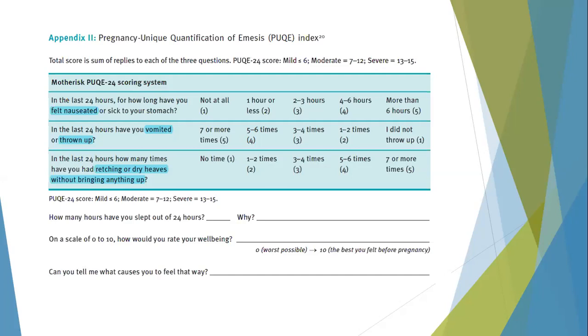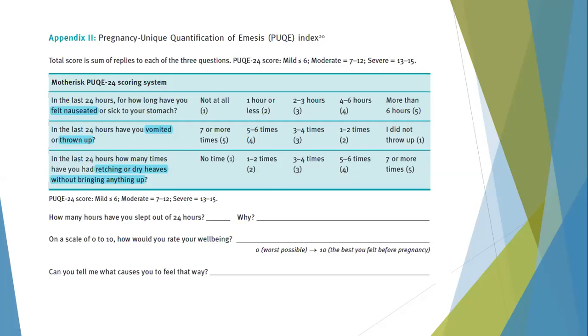So we will ask the first question: in the last 24 hours, for how long have you felt nauseated or sick to your stomach? She will say not at all, 1 hour or less, 2 to 3 hours, 4 to 6 hours, more than 6 hours. According to her answer, we will give her a score.